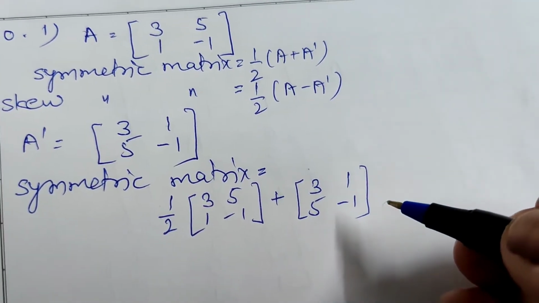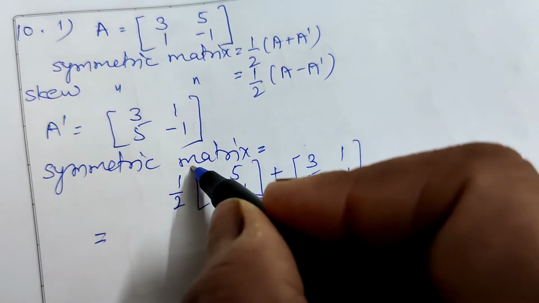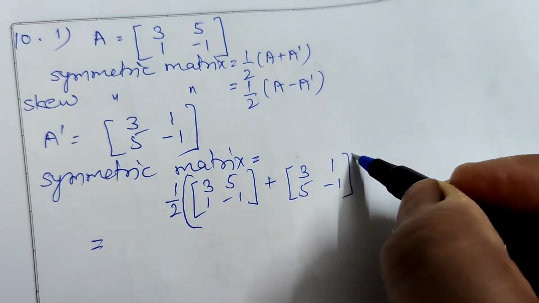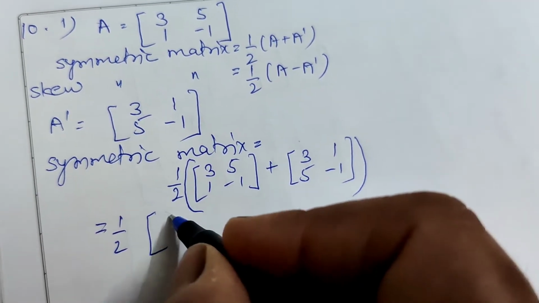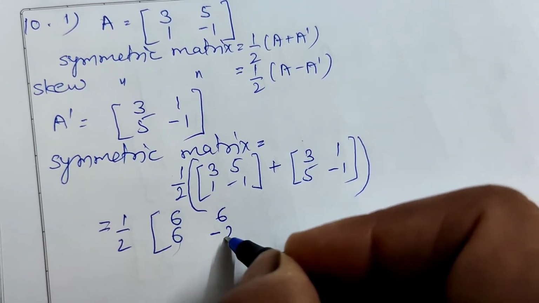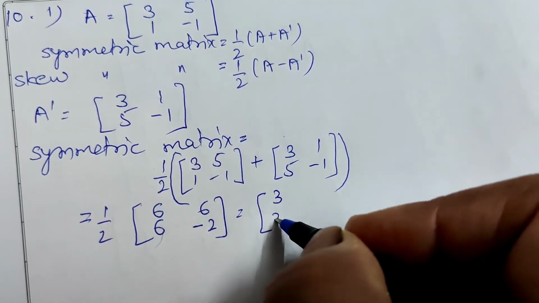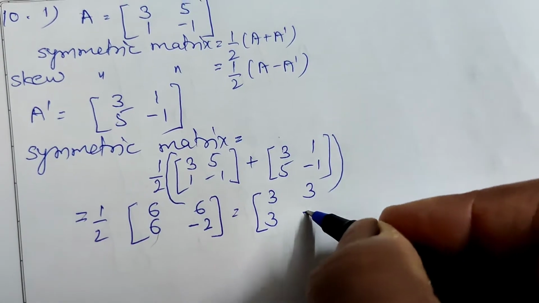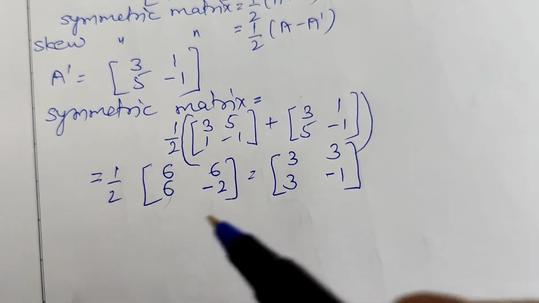Now addition, we can put in the big bracket. 1 by 2, add 3 plus 3 is 6, 6, 6, minus 2. It means 3, 3, 3 divided by 2, minus 1. This is a symmetric matrix.